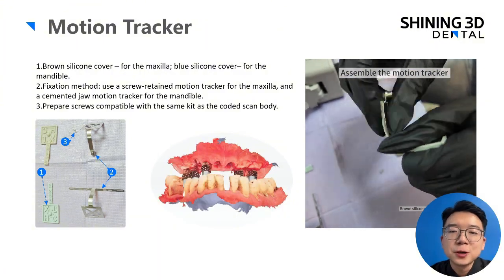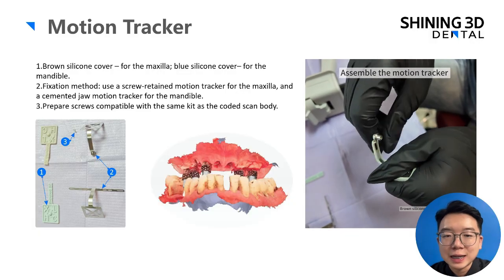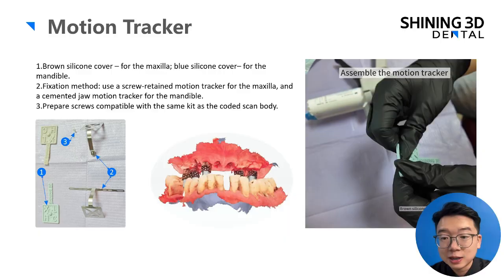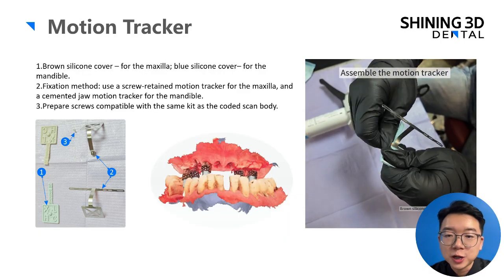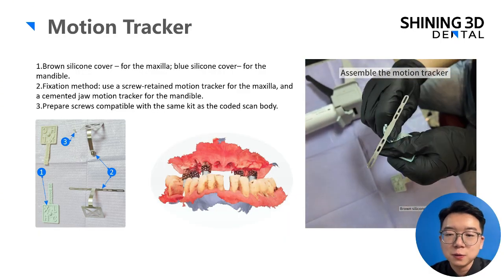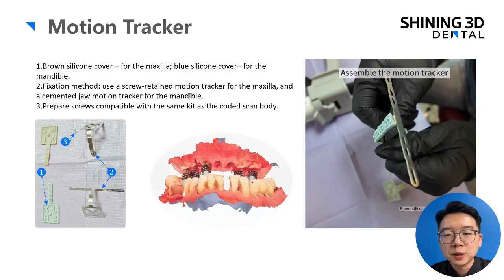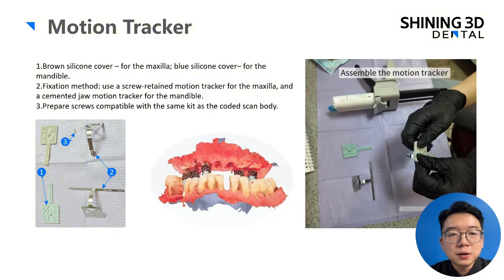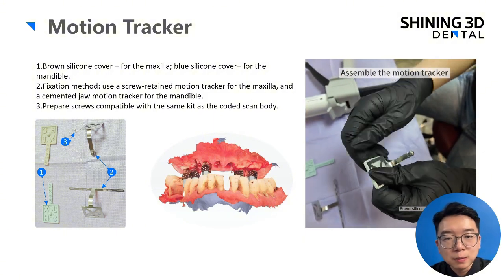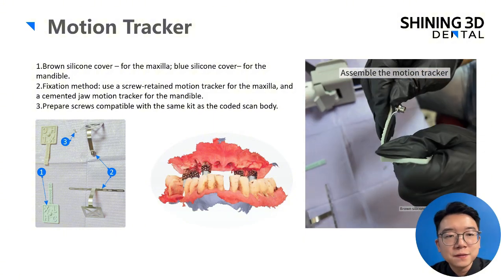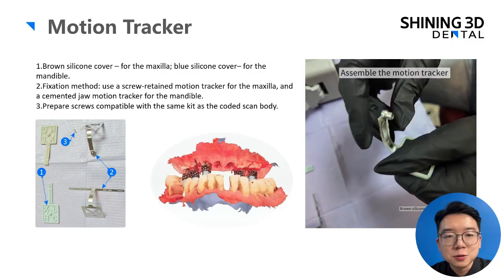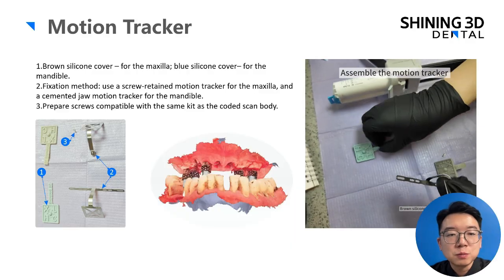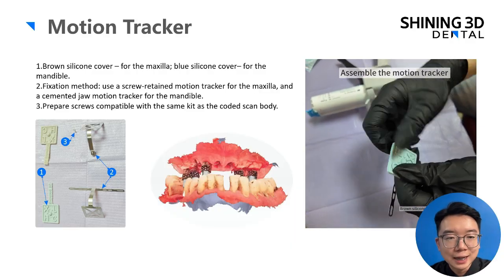We have to prepare the motion tracker for this case. With the help of the motion tracker, we don't need to stick the markers directly on the upper and lower jaw of the patient, because it's not possible for us to stick the markers firmly on the upper and lower jaw for this case. So we use brown silicone rubber for the maxilla, blue silicone rubber for the mandible, and the fixation method is a screw-retained motion tracker for the maxilla, and a cemented jaw motion tracker for the mandible for this case specifically.